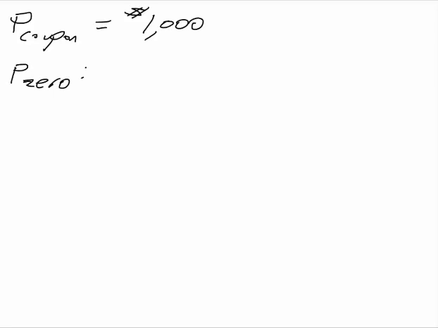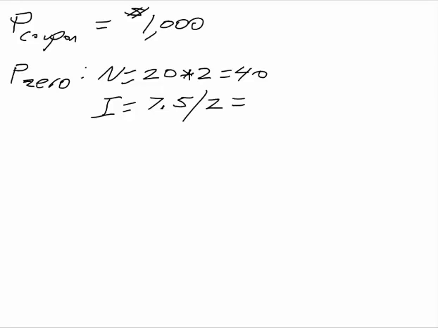All we have to do is use our time value of money row. We have 20 years, but for these bonds the interest compounds semi-annually, so we're going to have 40 periods. We're told our required return, which will be our interest rate, is 7.5% per year, and because we have semi-annual compounding, 3.75% is going to be the semi-annual rate.